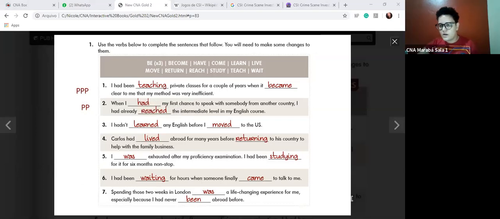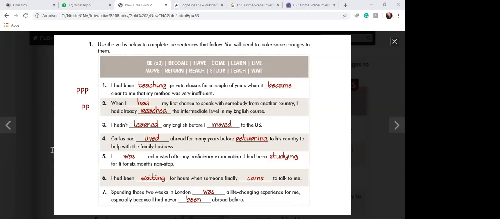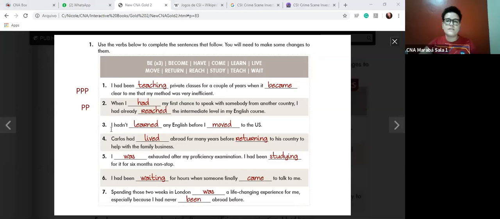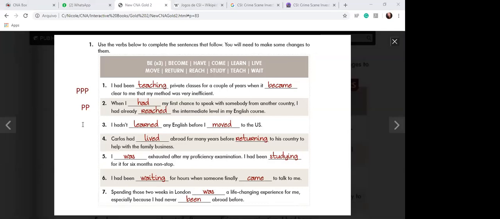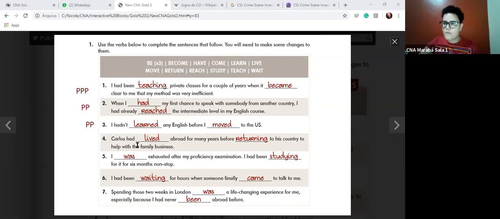Number 3, Valerie. I hadn't learned any English before I moved into US. Okay, so what is this, everybody? Past perfect or past perfect progressive? Past perfect.